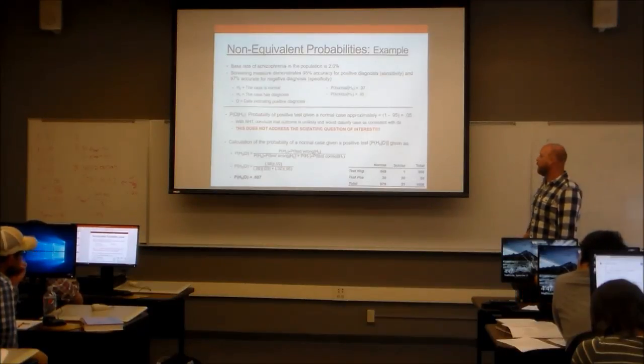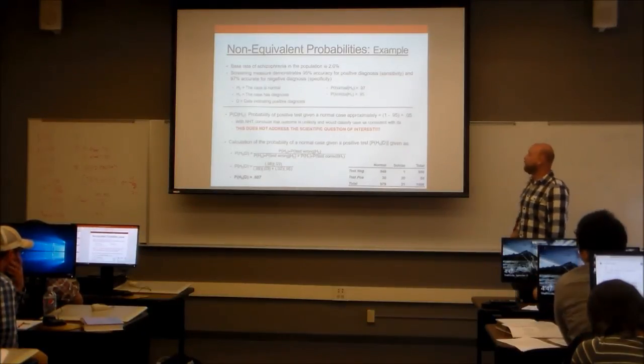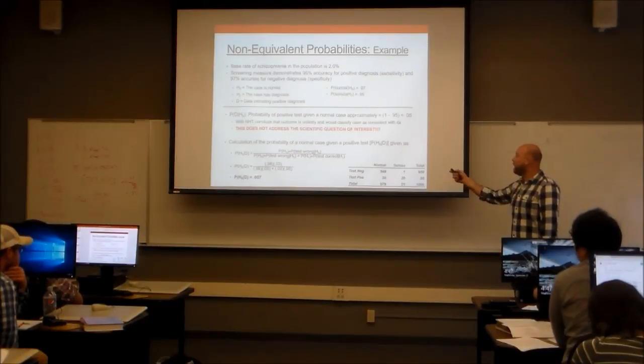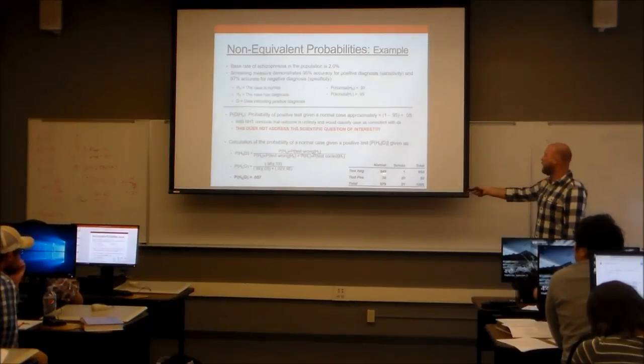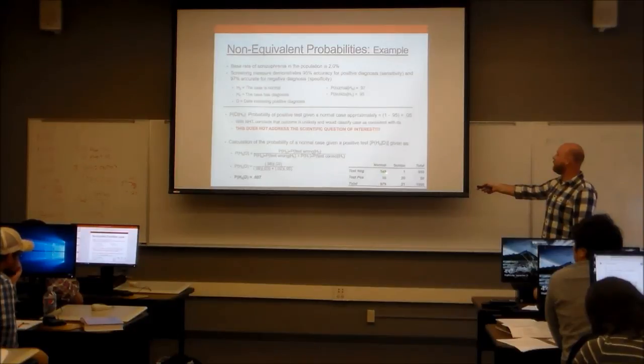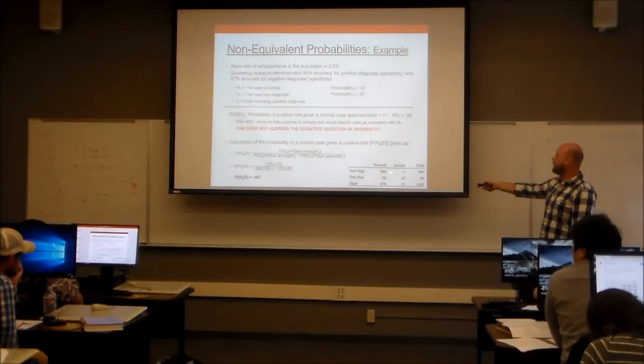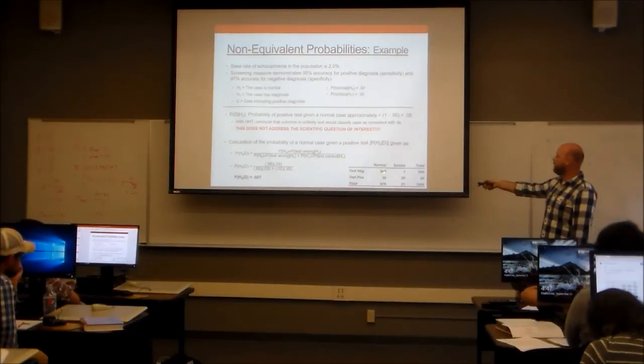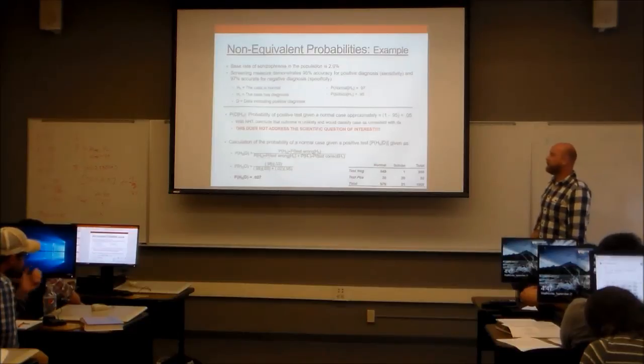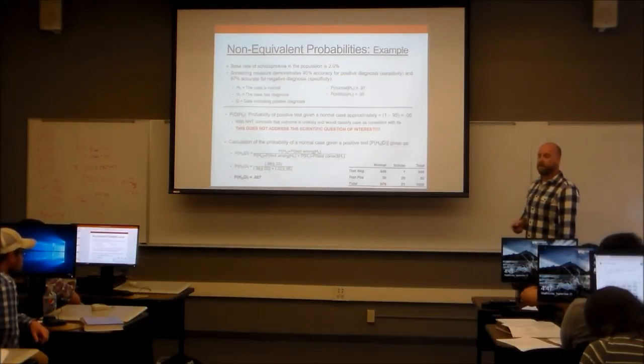So if we take this example, say we have 1,000 people, right? If I'm looking at the probability of a negative test given a normal individual, 494 divided by 979, I get 0.97, right?